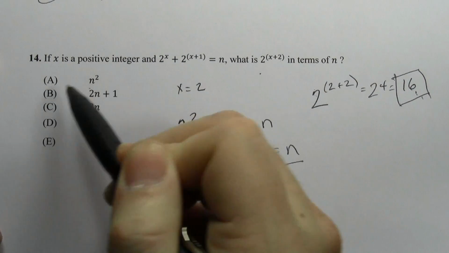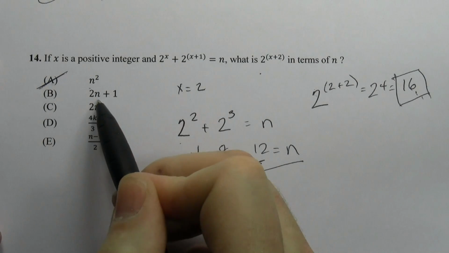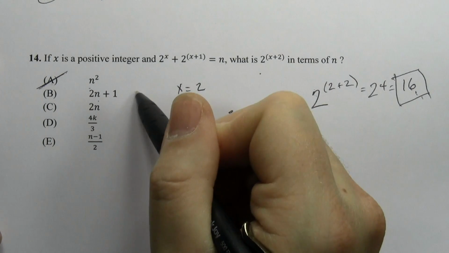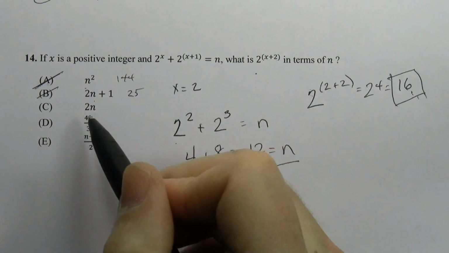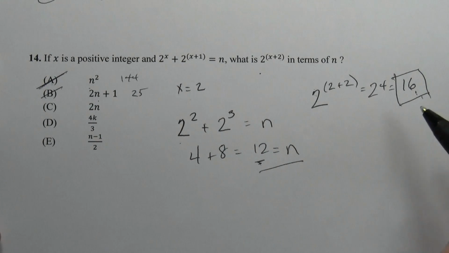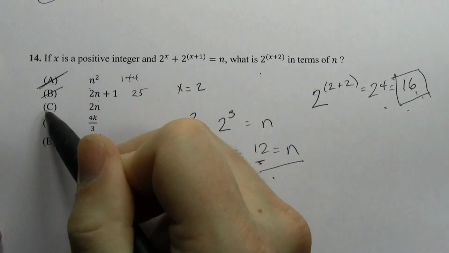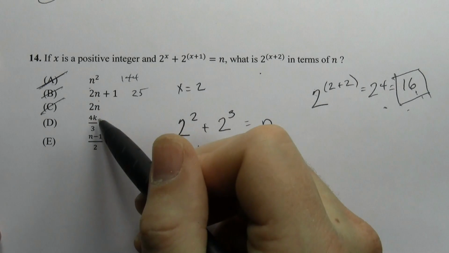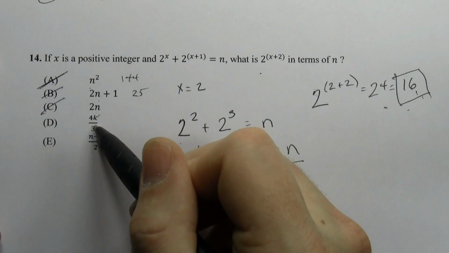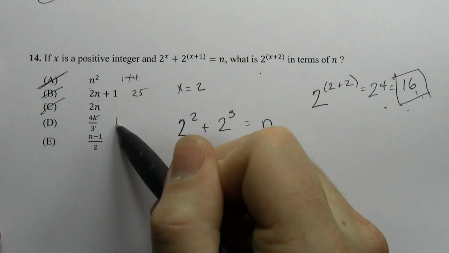So in this case, 12 squared is 144, that's no good. 12 times 2 is 24, plus 1 is 25, that's no good. 2 times 12 is 24. We're looking for 16 though. 4/3 times 12. Well, 12 divided by 3 is 4, times 4 is 16.